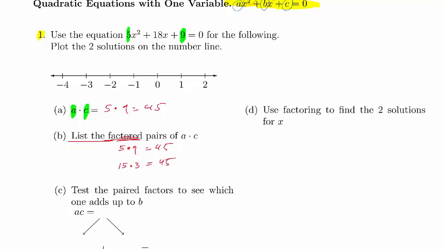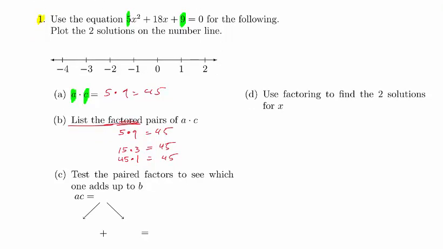And then there's one that's even more obvious than all the others, and that is 45 times 1 equals 45. And I hope that is obvious. So what we're going to do is try and figure out when we add these two cofactors together, which ones will get us 18, right? Which ones get us that middle number, that B number there. So that's what we're after.